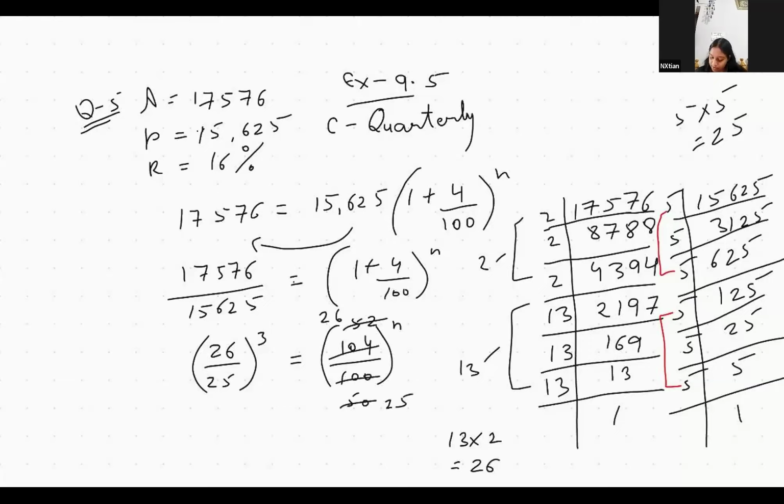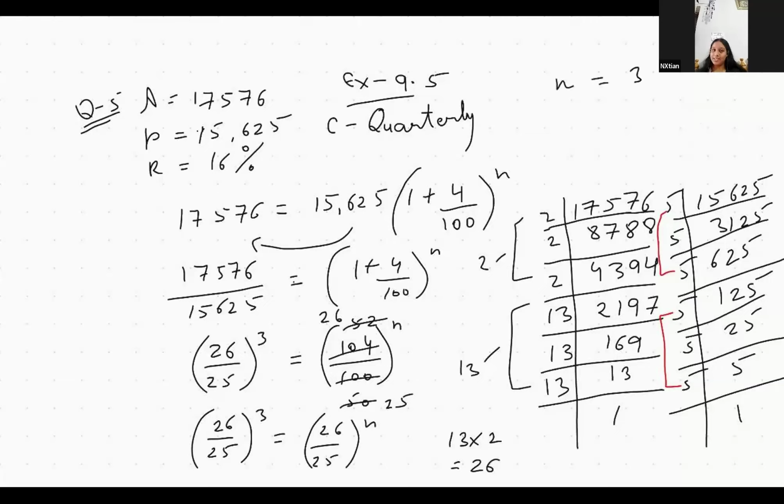So I have 26 by 25 raised to the power 3 equals 26 by 25 raised to the power n. So n will be what? My n will be 3. n equals 3.